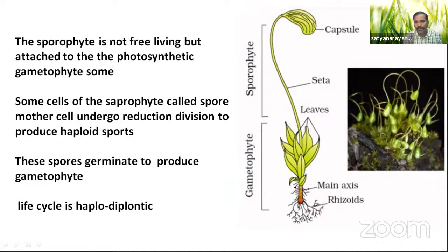What is a haplodiploid life cycle? Haploid means a single set of chromosomes is present; diploid means two sets of chromosomes are present. The gametophyte is haploid and the sporophyte is diploid. So the haplodiploid life cycle is present in bryophytes.